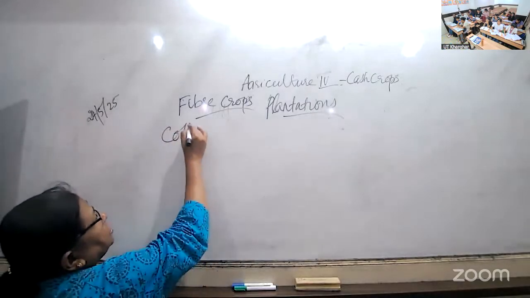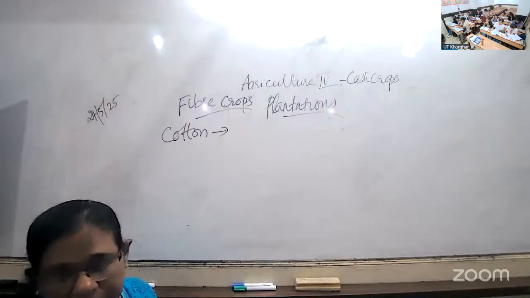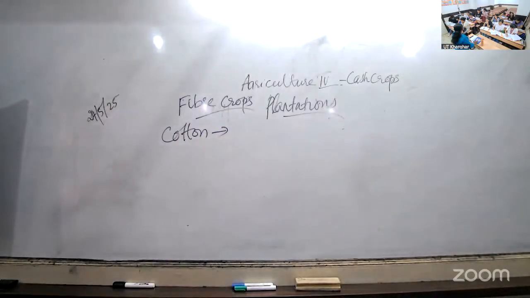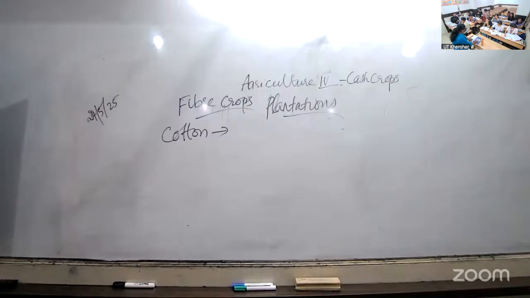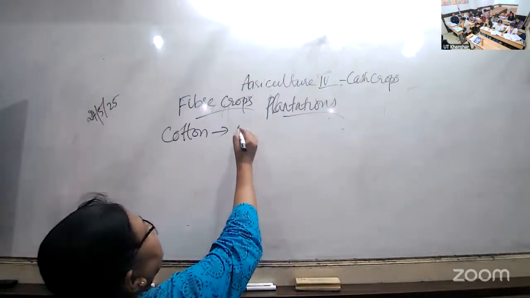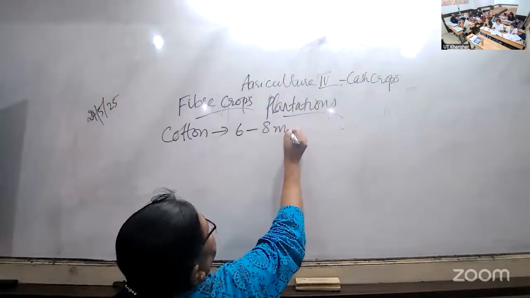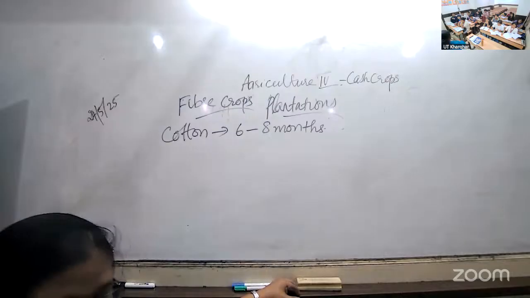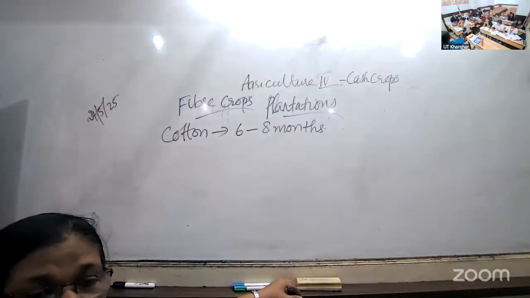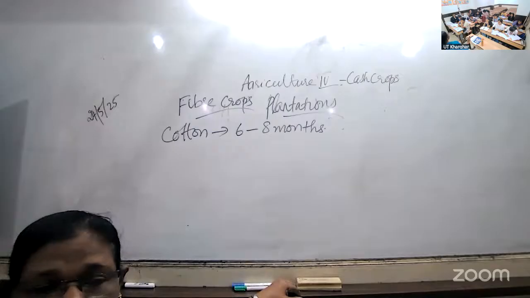Now, out of these crops, the first crop is cotton. What type of crop is it? A fiber crop, and it is a plant which requires a growth period of 6 to 8 months.